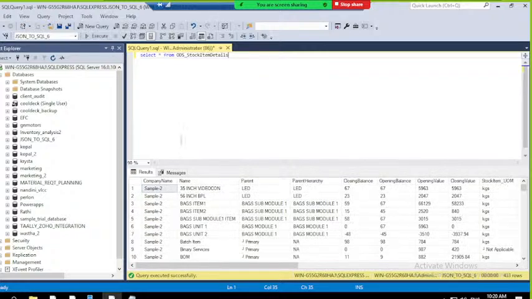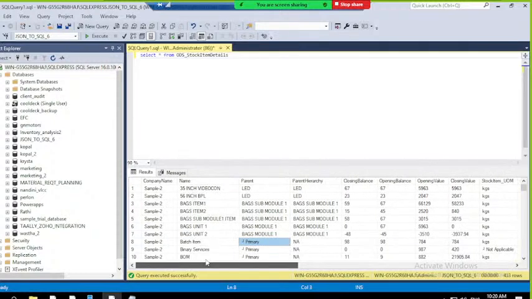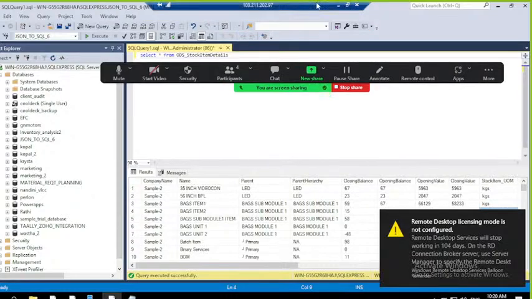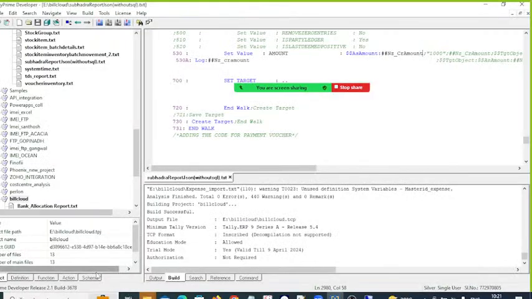This stock item details tally will give you the whole hierarchy of the stock, meaning opening balance, closing balance, you will get everything. This is mapping to the Tally schema here.